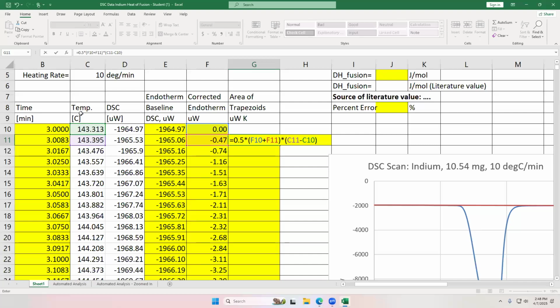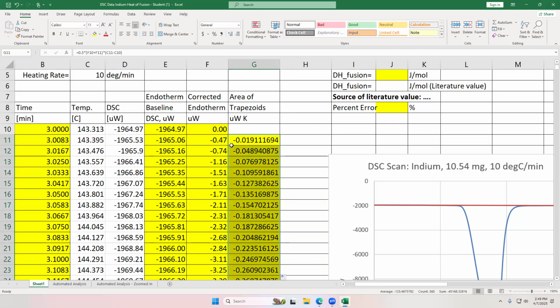Now I may be wondering, this is in Celsius. Why am I using Kelvin? Because you just subtract, so the 273 will just cancel out. That's the area of your trapezoid. Then copy that down. So microwatts times Kelvin, that would be the area of the trapezoids.